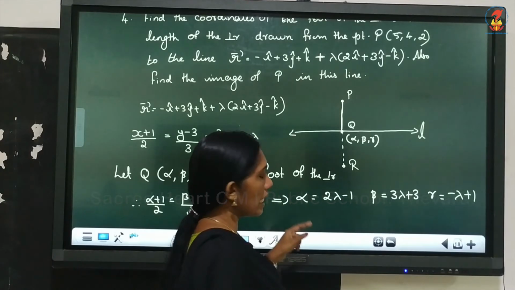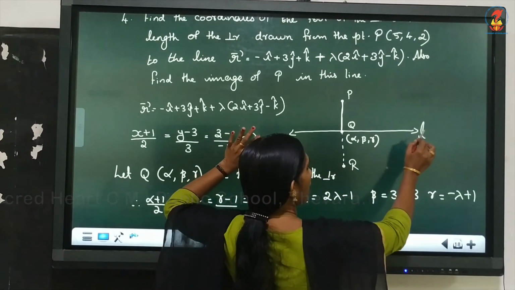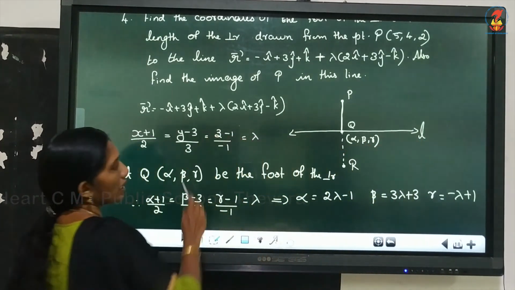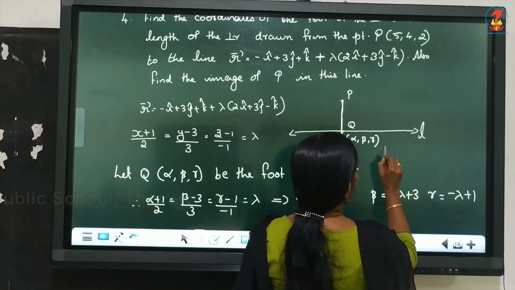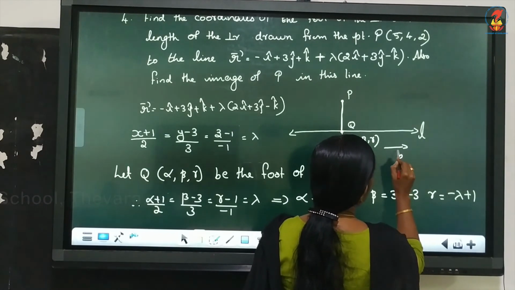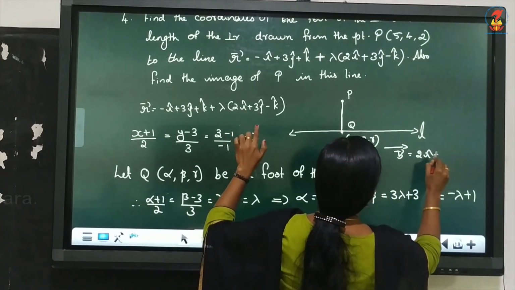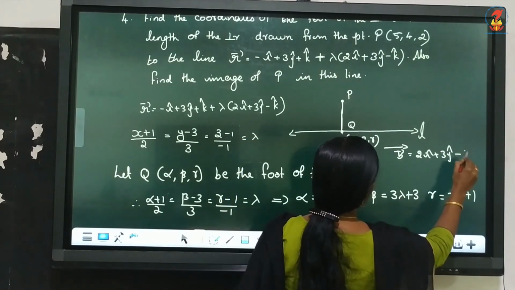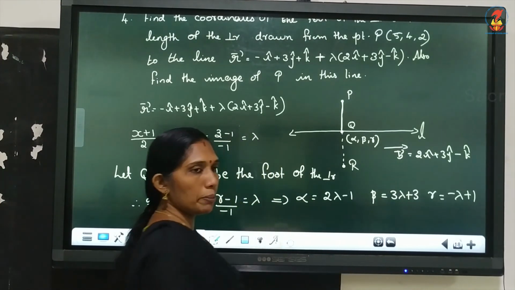Now how do we get lambda? For this line, the second bracket means its parallel vector. So there is a parallel vector B, that B is the second bracket, 2i cap plus 3j cap plus minus k cap. So this B vector and PQ are perpendicular.